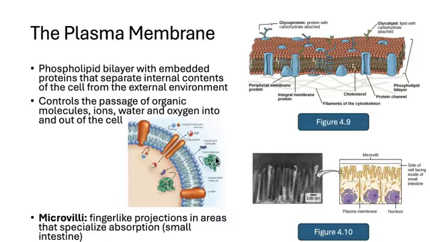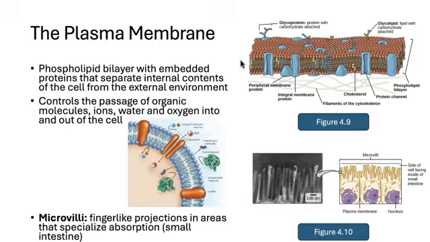And this plasma membrane is made up of a phospholipid bilayer with these embedded proteins that are separating the internal contents, so let's say those internal contents are in here, from the external environment. And so this really serves as the gatekeeper as far as having control of the passage of organic molecules, ions, water, and oxygen into and out of the cell.